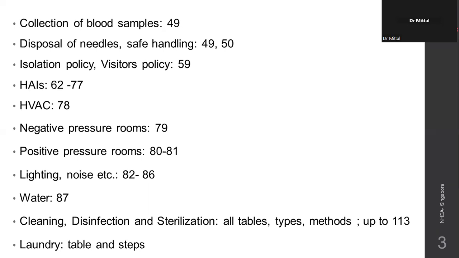Ideally, what cases are kept in a negative pressure room? What is the pressure that you have to maintain here? How much air exchange is important? How many air exchanges should be followed in negative pressure rooms? Then you have positive pressure rooms, 80 to 81.